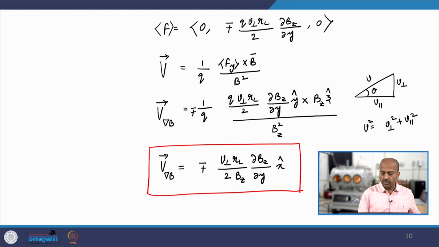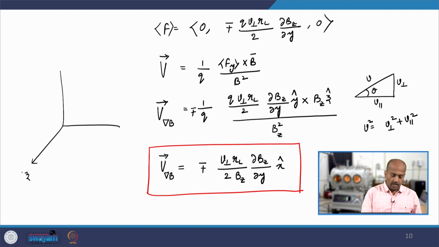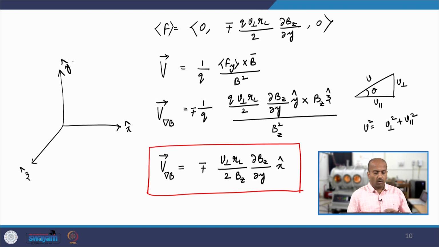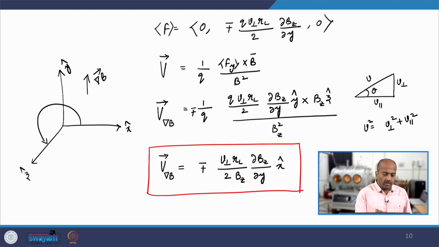Let us put some reference here. This is the z cap, this is the x cap and this is the y cap. The choice of coordinates is that we are taking x, y and z like this. This is the direction in which the magnetic field's gradient is there, and this is the direction the magnetic field is present.